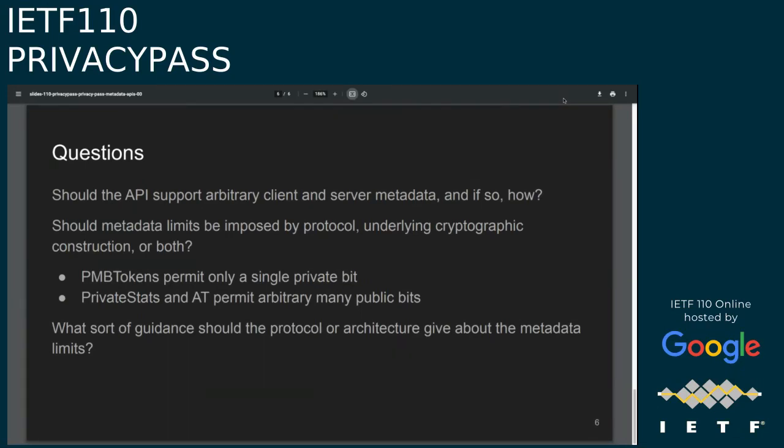I believe it's in the charter to support metadata, but I'd have to double check. Jared, do you know offhand? Yes, metadata is covered in the charter. The line is describing the procedure for including small amounts of metadata with issued tokens.